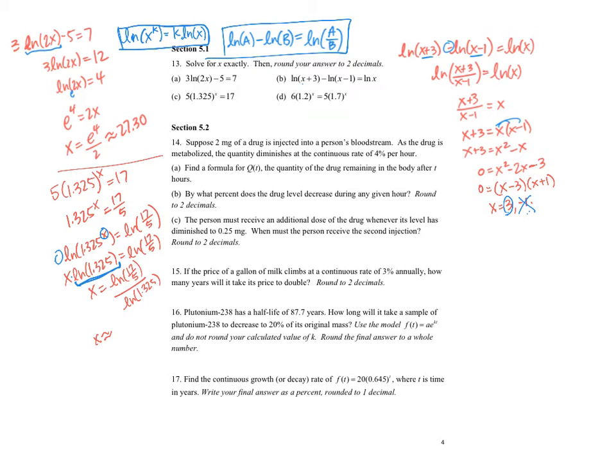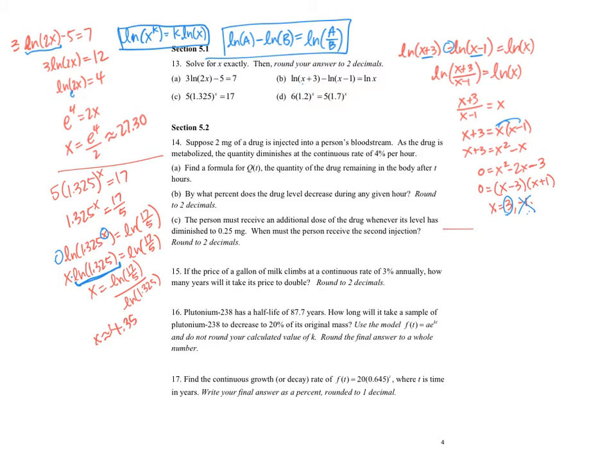I can plug that all into my calculator: natural log of 17/5 divided by natural log of 1.325. And I got how many decimals? 2 decimals. 1.348. So I'll say 1.35 if I round to 2.